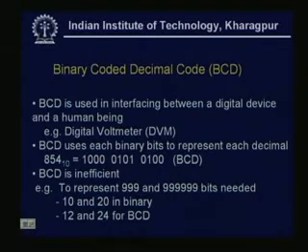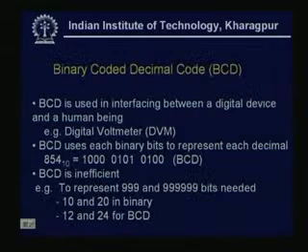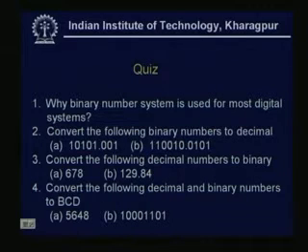Now, we stop here and I give some small quiz, very simple questions, mainly based on today's discussion: why binary number system is used for most digital systems, and then some of the conversions.